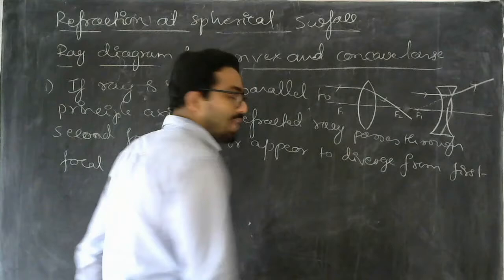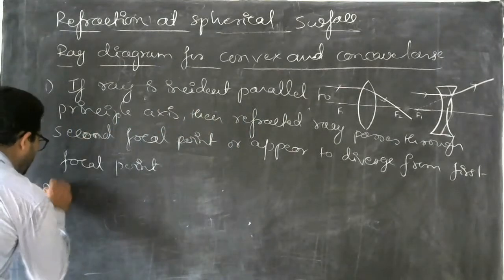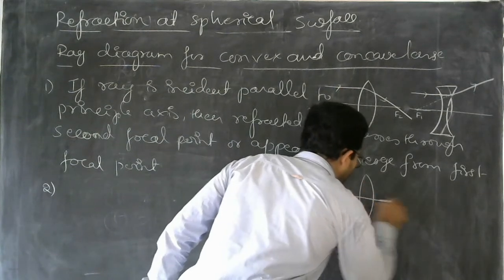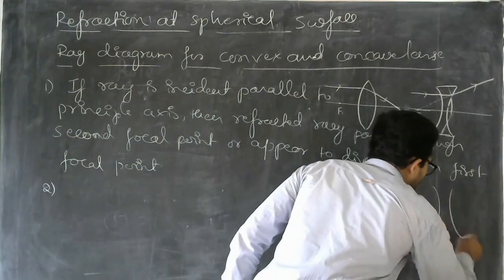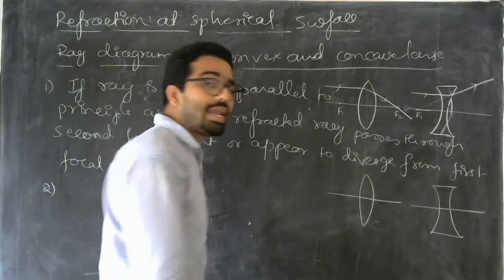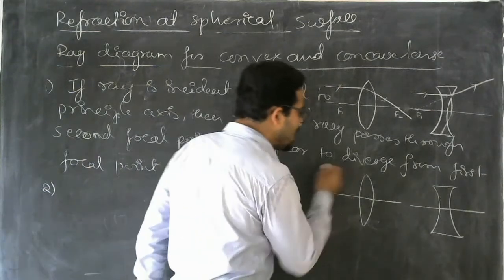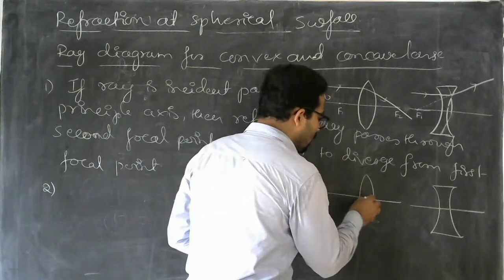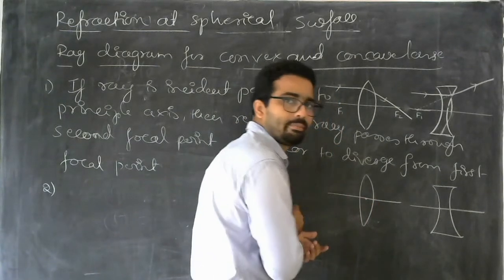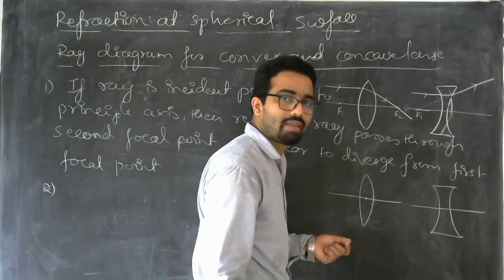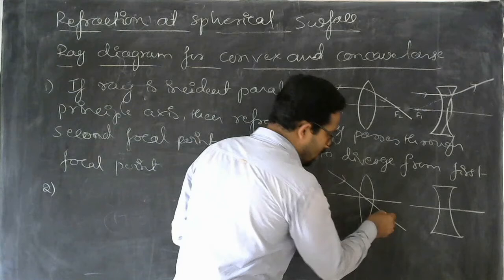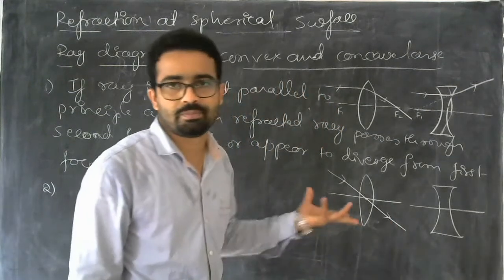Now let us see the second case. Again we have to draw the convex and the concave lenses. If the ray is passing through the optic center, through the center of both the convex and the concave lenses, then the ray will go without any deviation.